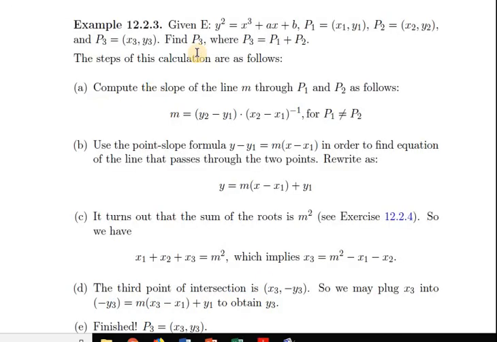So this example shows the practical calculation, or the steps that you go through in order to compute P3 from P1 and P2. Basically, given P1 and P2, they determine a line, you find the slope. It turns out that this slope all by itself determines the x-coordinate of the third point.